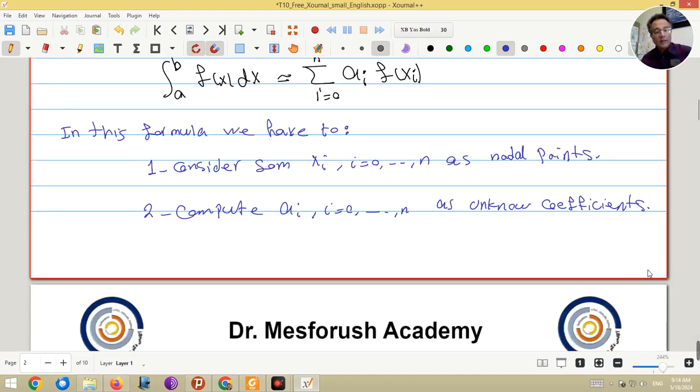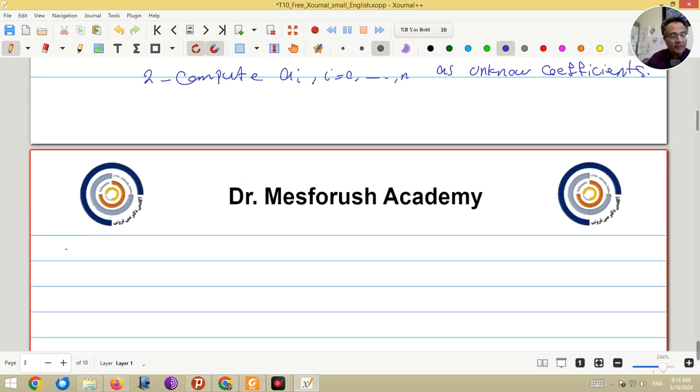So in the first part, let me consider a partition for the interval of a and b.